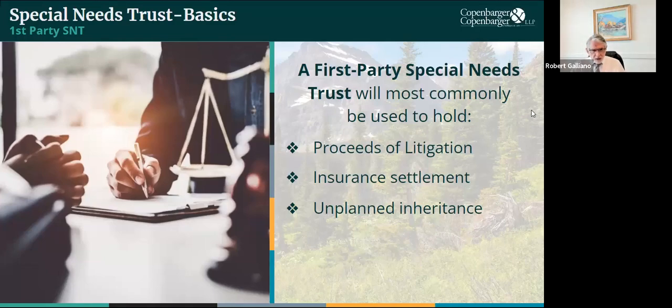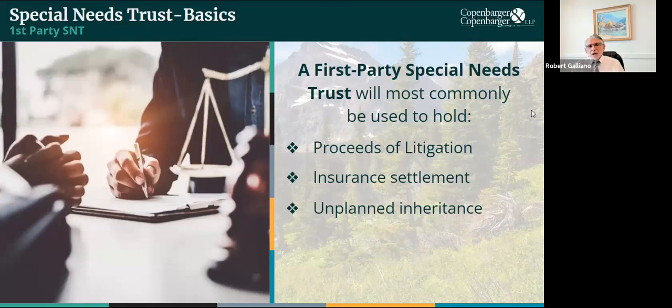Now, I want you to focus on the last bullet on the slide, unplanned inheritance. This is one of the most common errors that parents who have special needs family members make. They never plan to create a special needs trust for that particular beneficiary.